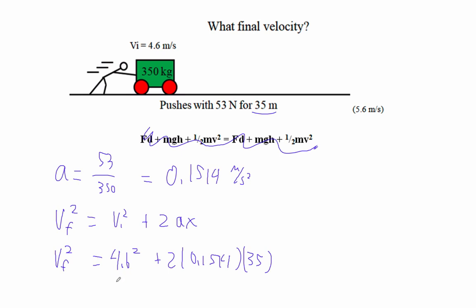Okay, so let's do this. Let's see, 4.6 squared plus 2 times that answer I just got times 35. And then I'm going to raise that to the 0.5, and I get exactly the same answer.